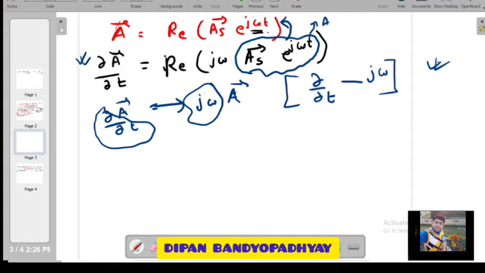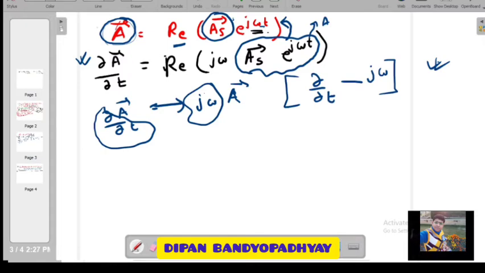Okay. And remember one thing, this A is basically your instantaneous form, and this is the phasor form. Remember, instantaneous means it is depending on time. It is time dependent, and it is also real. So this A is basically real and time dependent. Whereas As is time invariant, right? It is not depending on time.